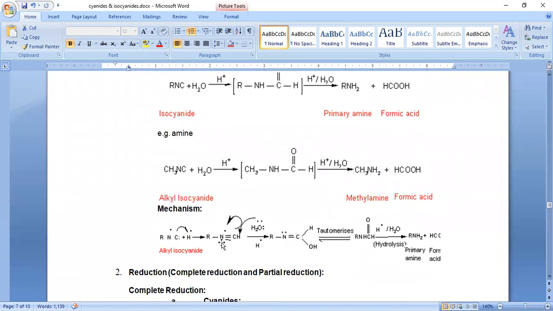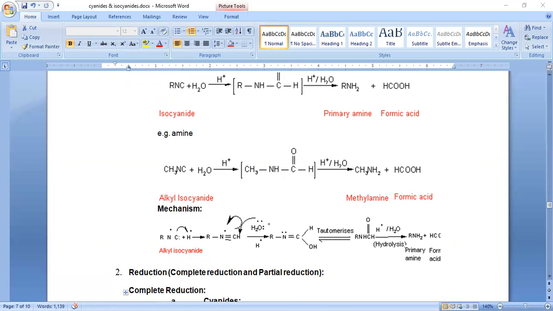And next, this is the mechanism of how it happens, as I just told you. Here tautomerization takes place. I will show you. What is tautomerization? From this one, I am writing that part here. So R, NH, C double bond O minus, and here H. This negative charge shifts here, then this bond shifts here.